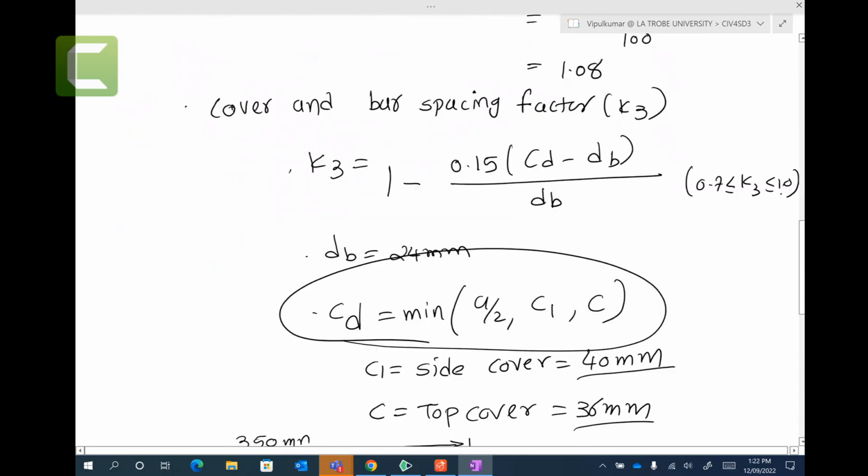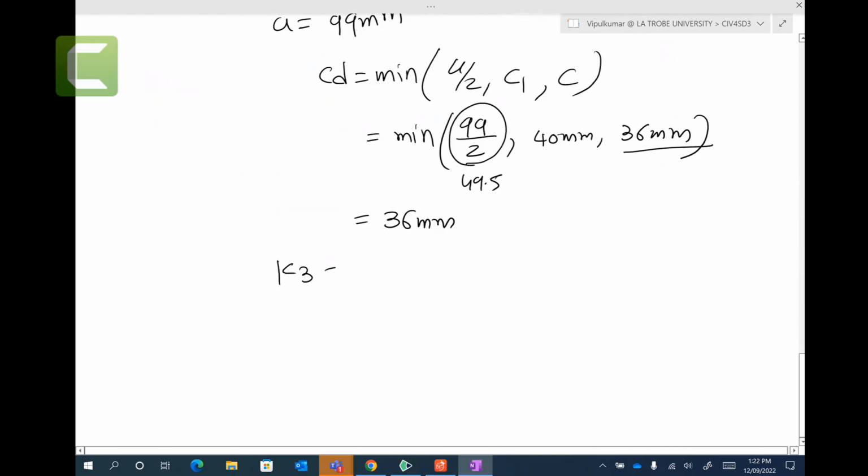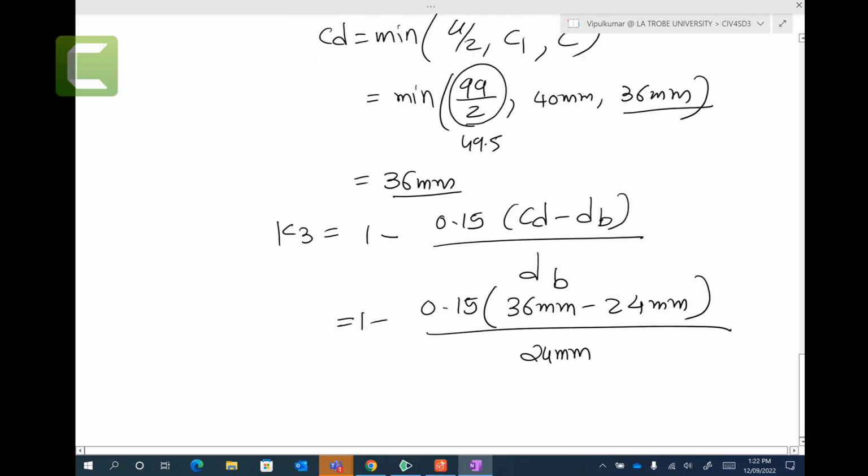So in that case, we can calculate K3. Let me write down the equation again, K3 equals 1 minus 0.15 times (CD minus dB) over dB. 1 minus 0.15 times (36 millimeters minus dB 24 millimeters) over dB 24 millimeters.